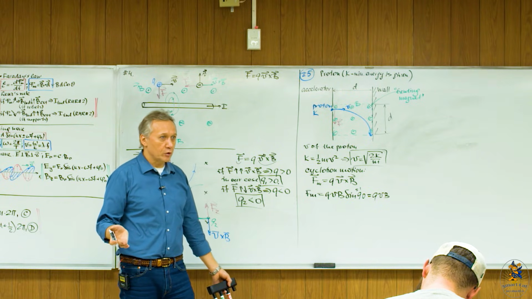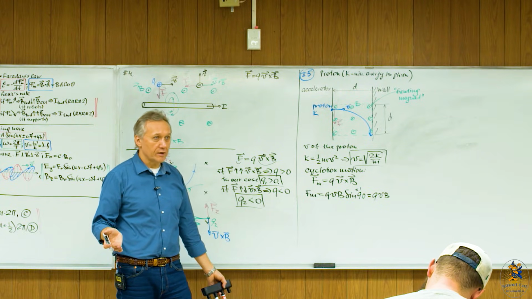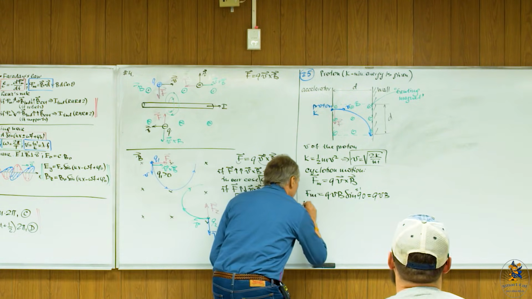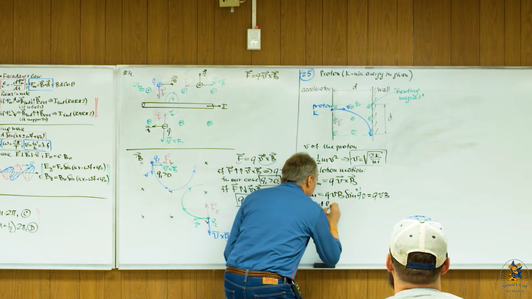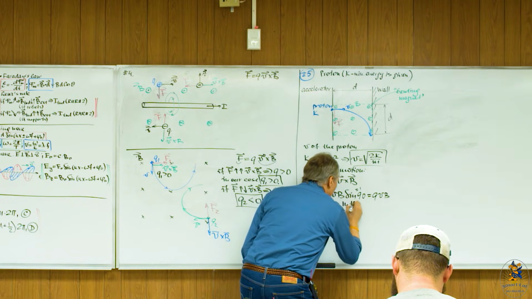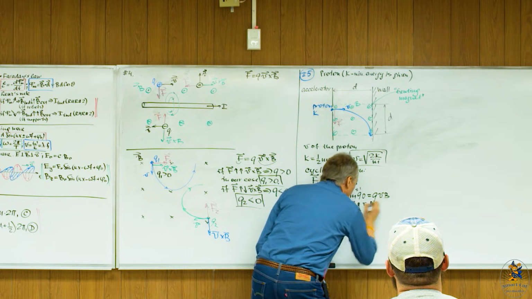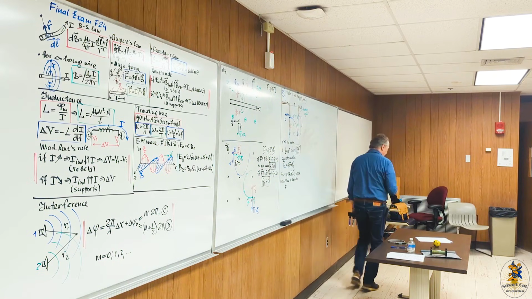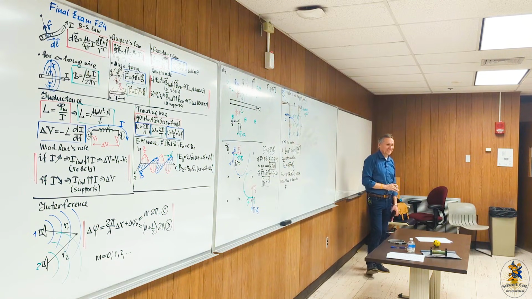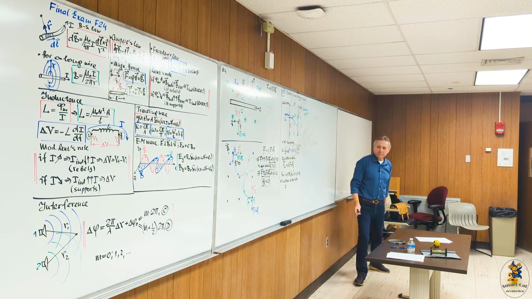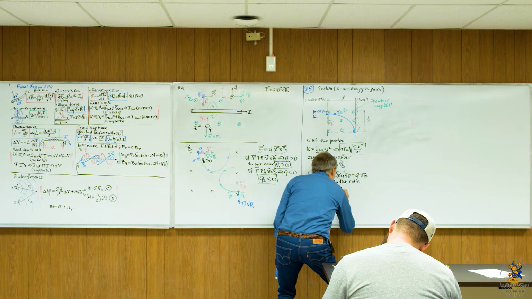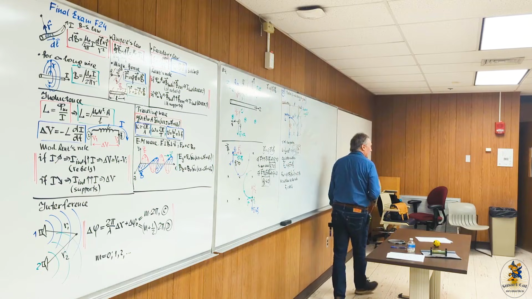Okay, so now we just need to apply Newton's second law in the radial direction, and that's what you did in your lab lecture, right? So Newton's second law in the r direction. Maybe I should move to this side more often because I'm blocking that side. So F_r equals mass times acceleration in the radial direction.